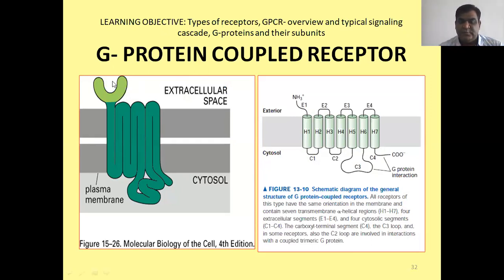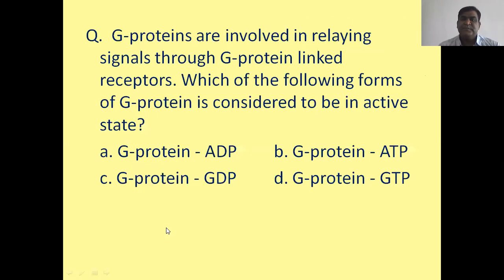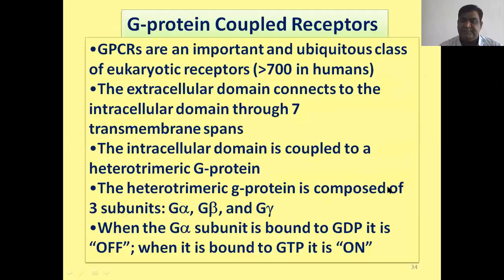This is the domain which will bind to the ligand, and this is the domain which will convey the message into the cell. A question asked is, will G protein bind to ATP or GTP? G protein will bind to GTP and GDP both, but in the active form it will bind to GTP.